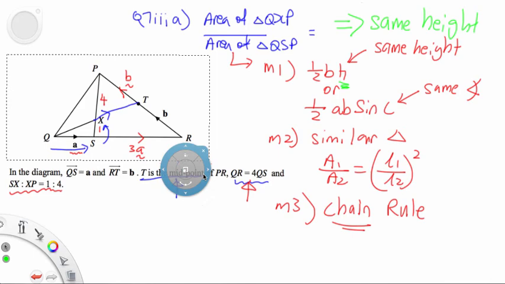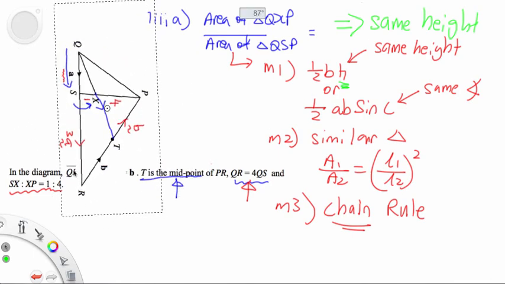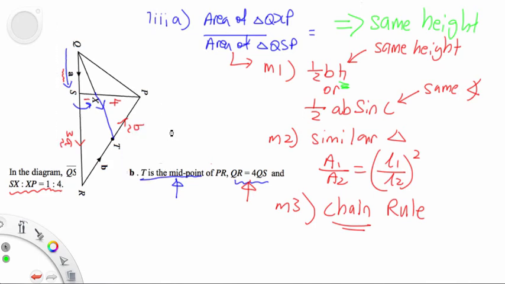I will try to rotate it. It's not 100%, but this is the best. Now if you look carefully, if I look at the smaller triangle, this could be the height.